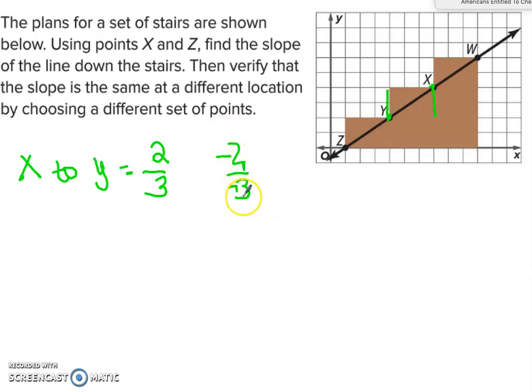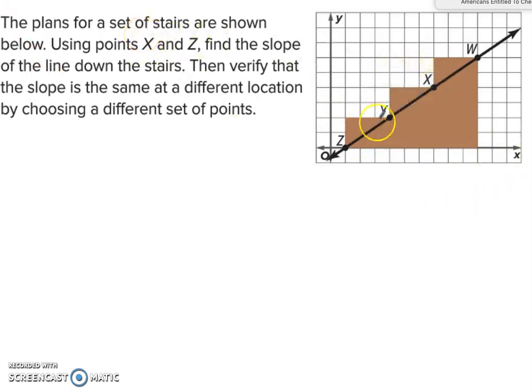A negative divided by a negative is a positive. So X to Z. God, I already messed up. So we have X to Z. So using those points, find the slope of the line.